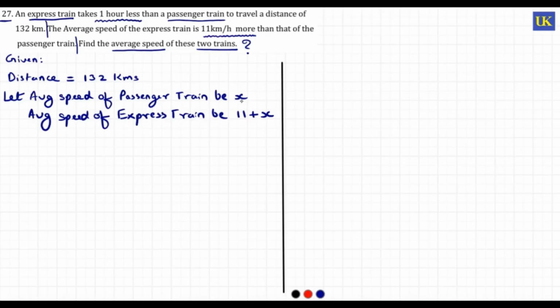So if we are taking the average speed of the passenger train as x, then the average speed of the express train will be 11 plus x.